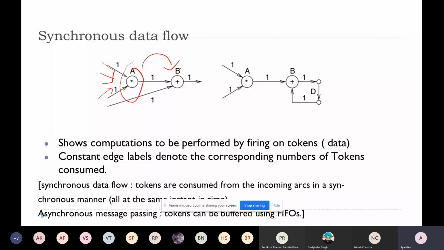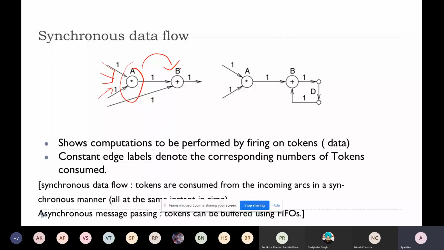There is some additional storage, an added FIFO queue, where we store those shared variables, and from there the next transition takes place. When B checks its FIFO queue, it accepts the value from there and proceeds. So there is no concept of blocking. That is the difference between synchronous and asynchronous data flow.